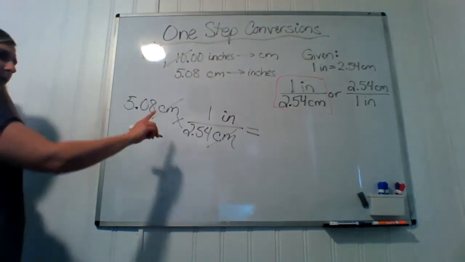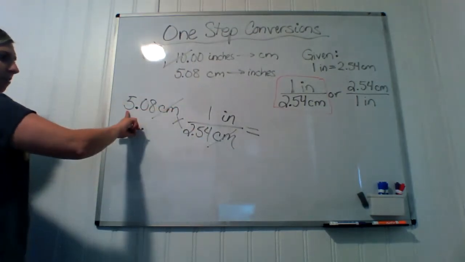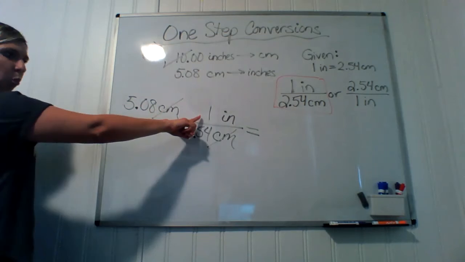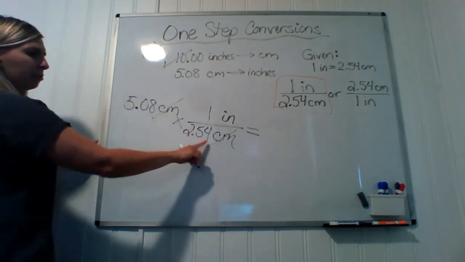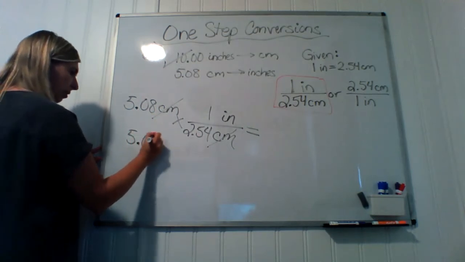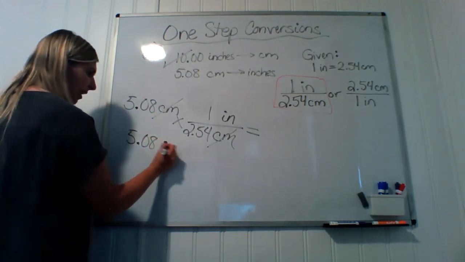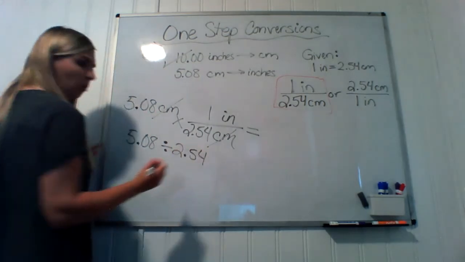So the math here, remember, you multiply the top, divide the bottom. 5.08 times 1 gives you the same value. And then we divide by 2.54. 5.08 divided by 2.54.